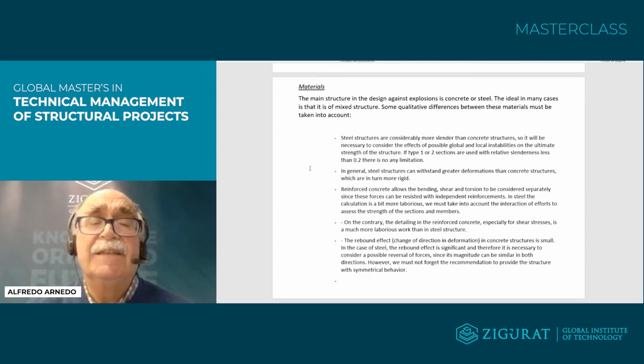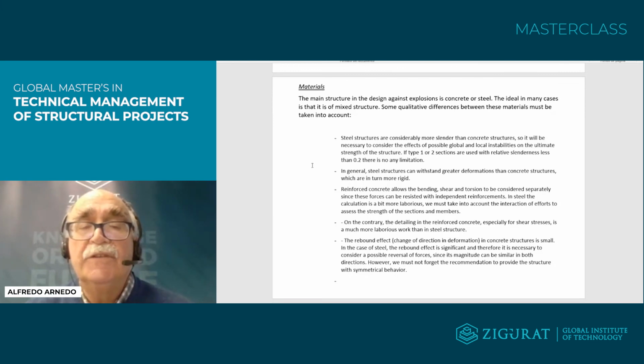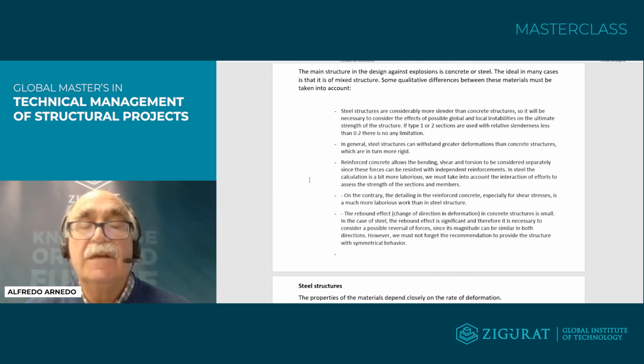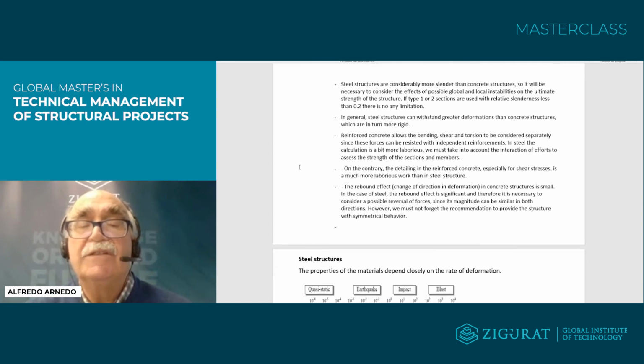The materials we deal with are concrete, steel, and composite, the sort of mixed structures. Some qualitative differences between these materials are important. Steel structures are more slender, lighter, and more ductile, and usually offer big ductility when we avoid a premature, very early failure due to buckling or any instability.